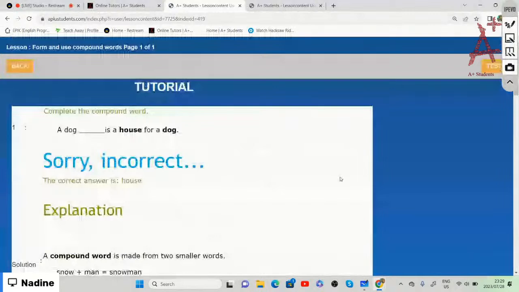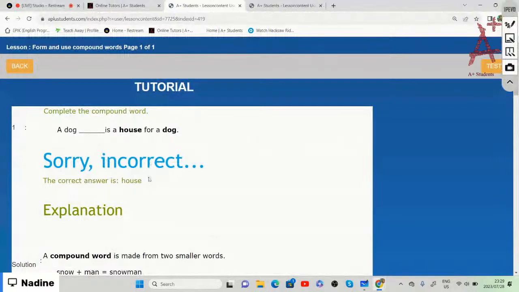They say a dog something is a house for a dog. So we now need to write down the compound words within these sentences of the activity that we are going to be doing now. What is a house for a dog?